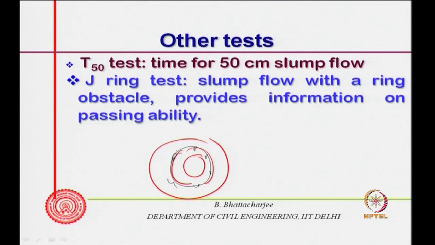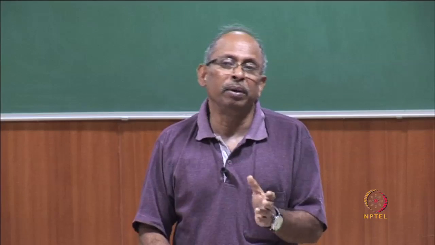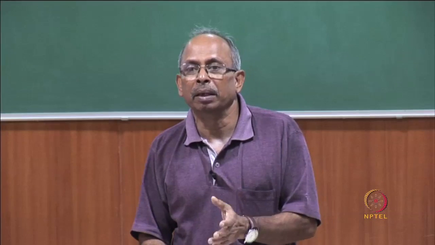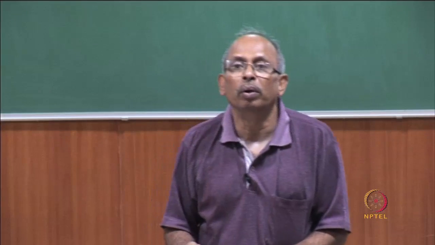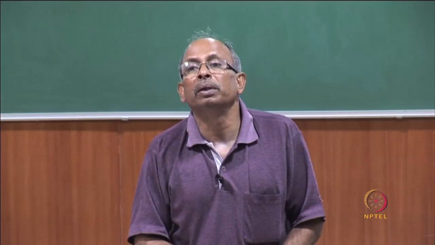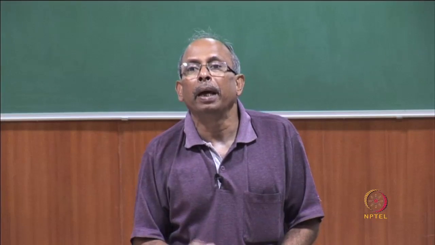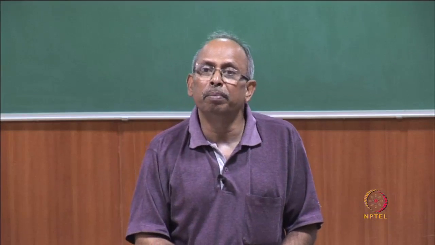So, it is a J ring test. Slump flow with a ring obstacle provides information on passing ability. So, while flowing, it is actually trying to combine the fluidity with passing ability. So, then you can find out the flow. After putting the obstacle, what is the flow? That would be a kind of measure of fluidity plus passing ability.